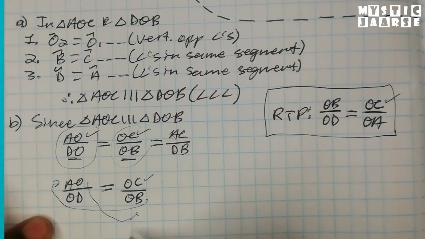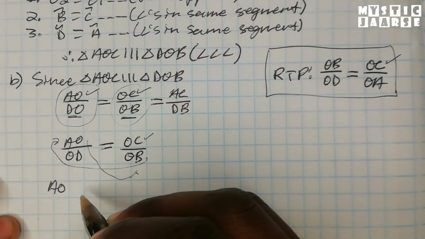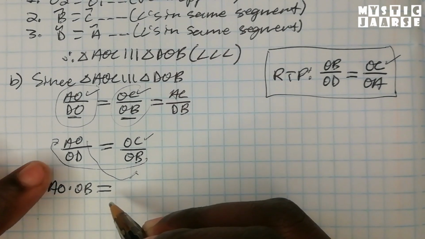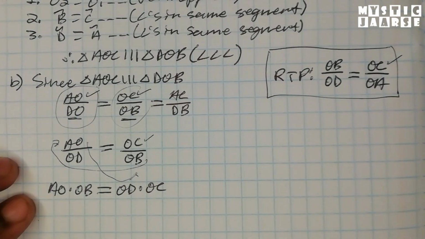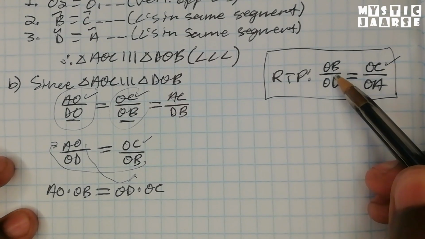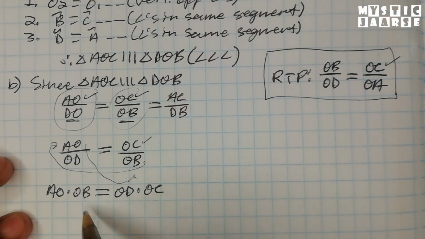Yes, when I cross multiply, I will have AO multiplied by OB is proportional to OD multiplied by OC. Now I want to make OB a numerator, so I will have to get rid of AO.